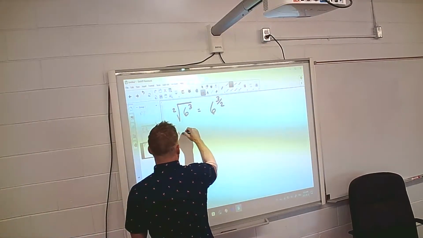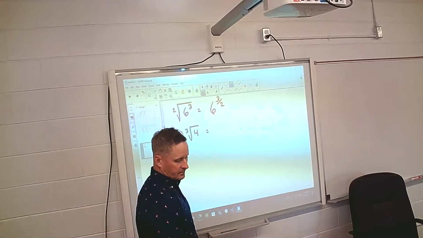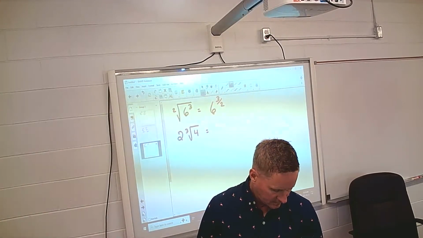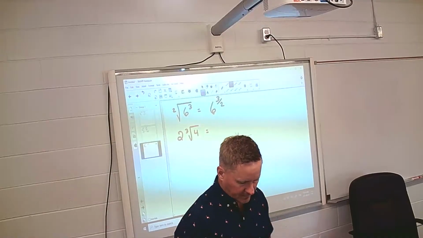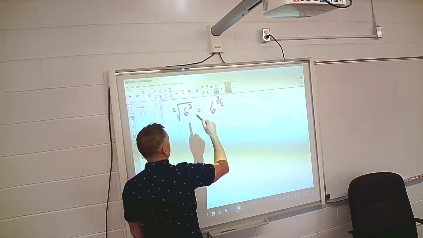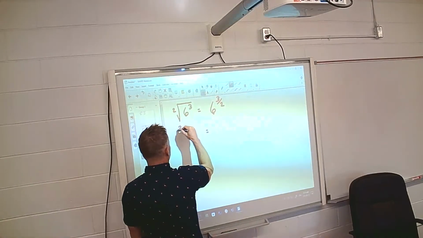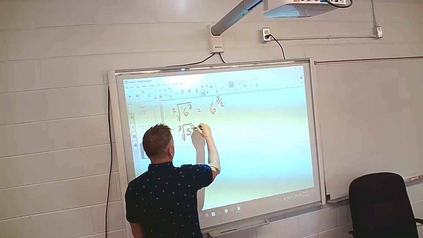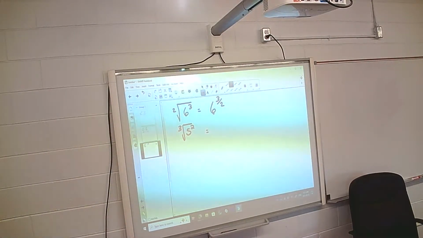All right, now 2 cube root 4 equals. Oh, hold on a second, I'm one ahead of myself here. But it is cube root 5 squared. Elijah, want to redeem yourself?